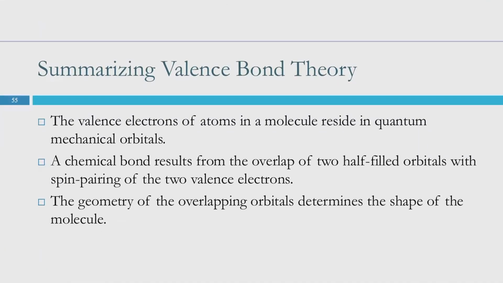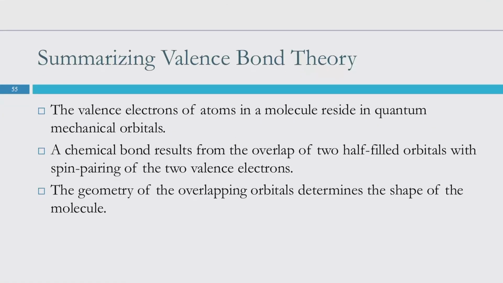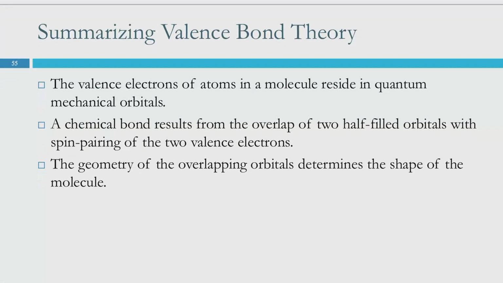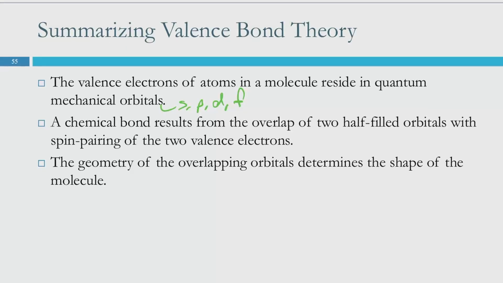So generally, for valence bond theory, we will be looking at pictures soon. The valence electrons of our atoms reside in quantum mechanical orbitals, s, p, d, f, and their various m sub l, px, py, pz, etc. That's where our valence electrons live.